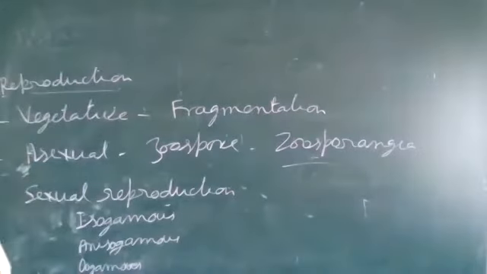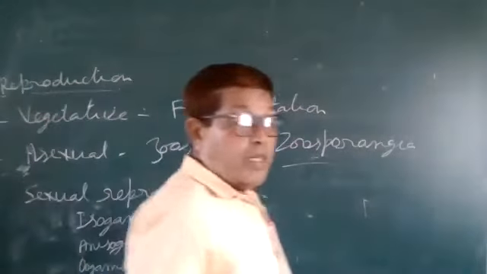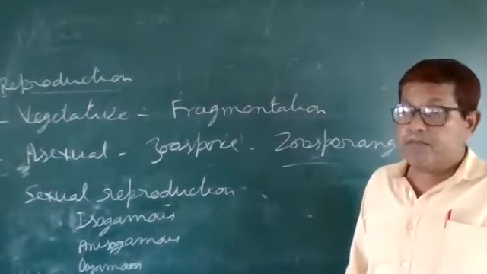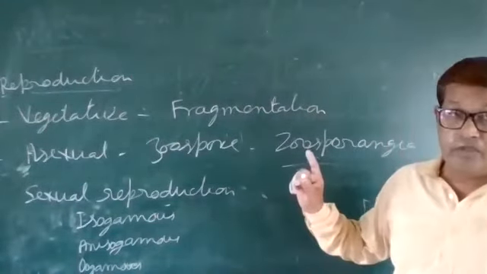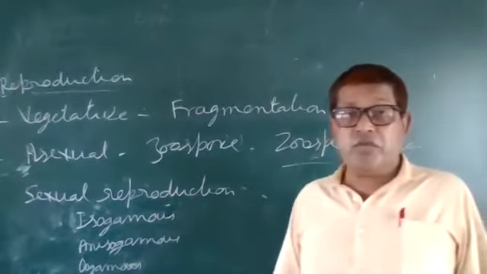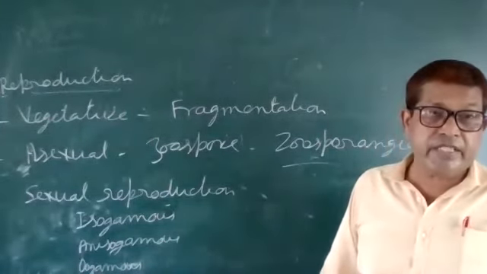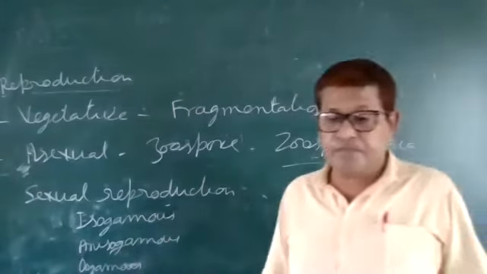So sexual reproduction takes place by isogamous, anisogamous, and oogamous types. So that was about Chlorophyceae.